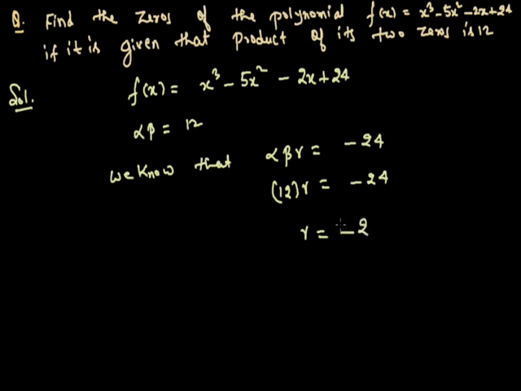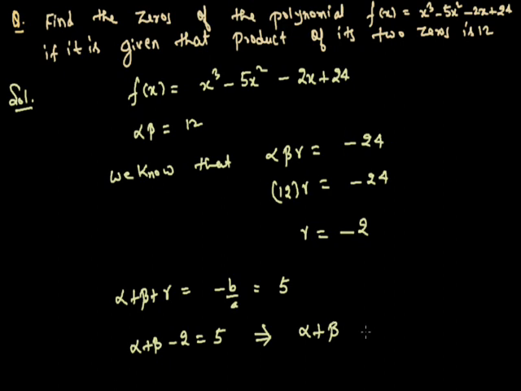So one of its zeros is -2. Also we know that sum of zeros is equal to -b/a, which is equal to 5. Now gamma is -2, therefore alpha plus beta is equal to 7.